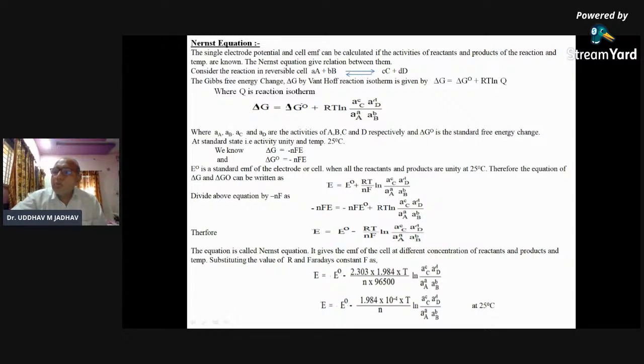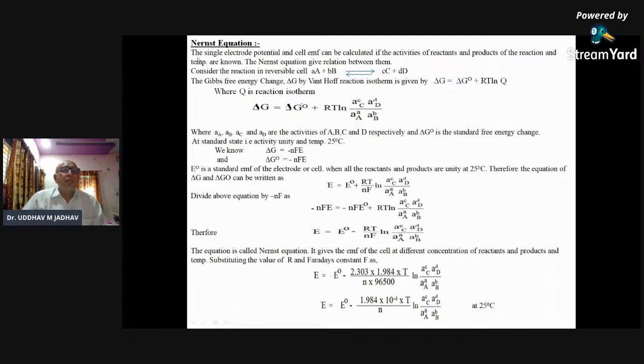By knowing some facts, it is possible to derive the EMF equation, and from the knowledge of this EMF equation, it is possible to calculate the EMF of a cell.